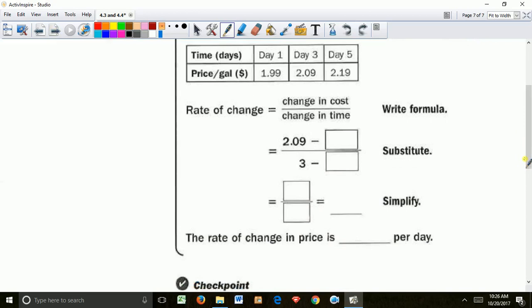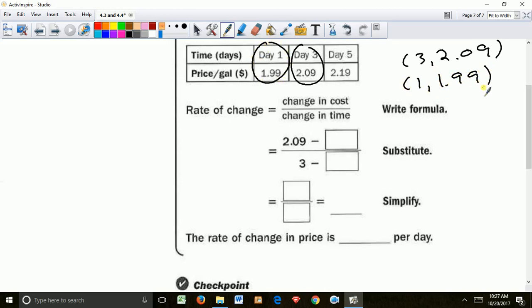So you can choose any 2 points here. In this case, they chose the point 3, 2.09. And then we can choose a second point. We can choose the point 1, 1.99. And now we can use the slope formula.